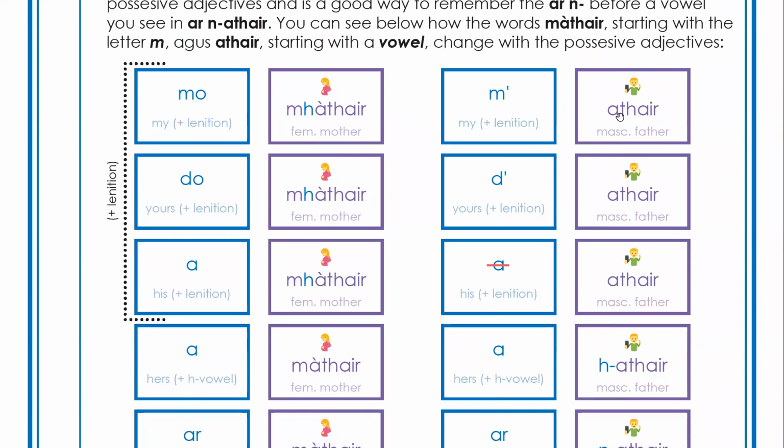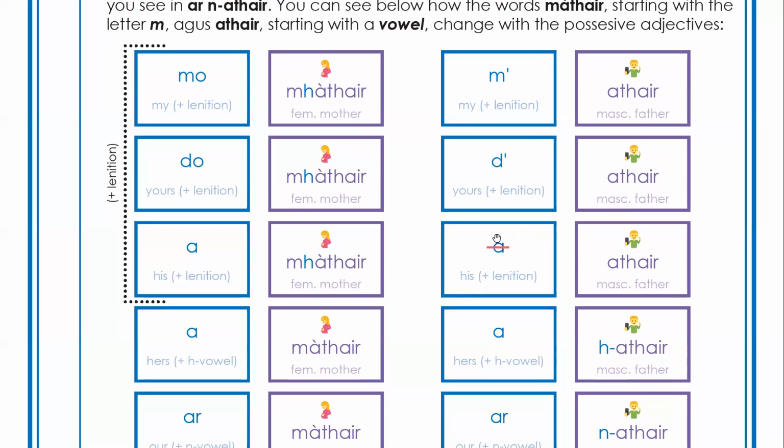With a vowel for father, athair, we firstly, when you get the two vowels coming together of mo and do, they drop off and you just get m'athair, d'athair. You get the vowel drops, which again happens with his father as well. And we don't typically write the a or say it.